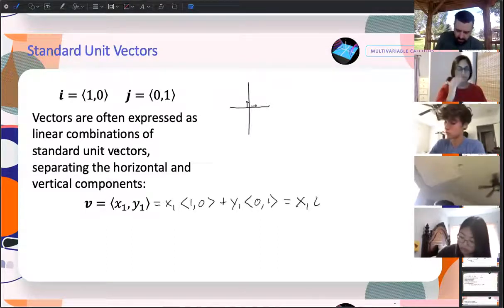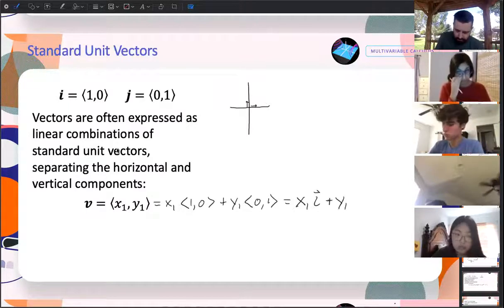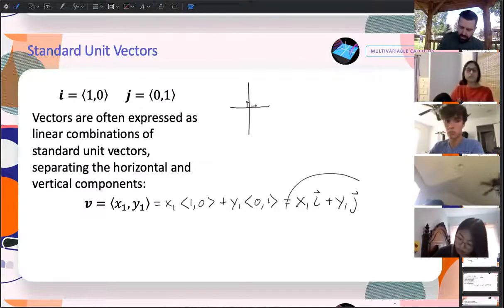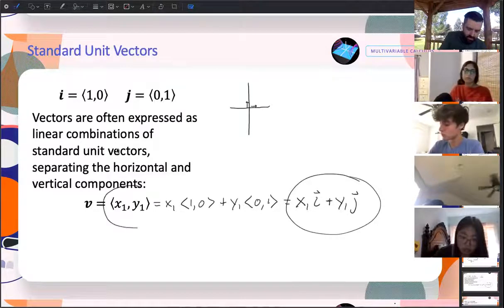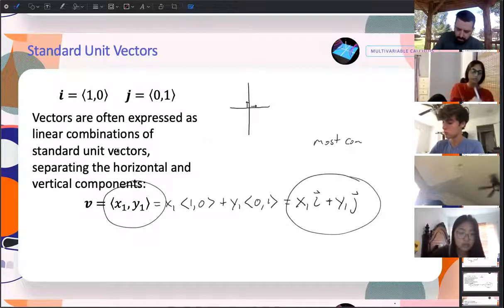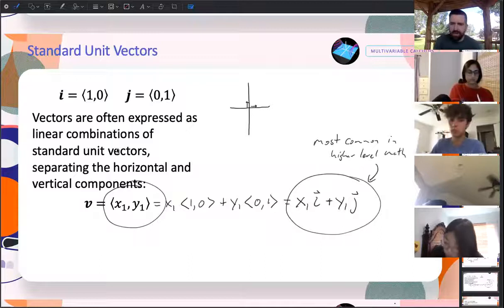So this leads to what's called standard unit form, which is written this way. This and this are the same thing. Okay, they're just 2 ways of writing vectors. Standard unit form is most common in higher level math.